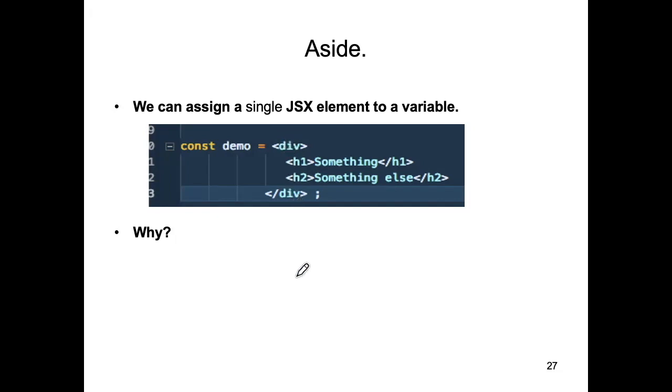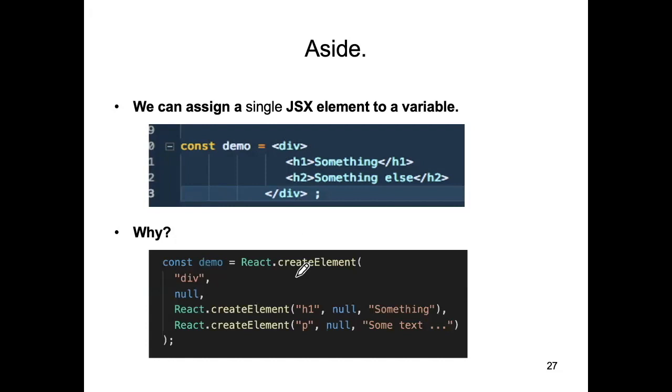This simple assignment statement here, when it is transpiled, turns out to be this code down here. And so this now looks like an ordinary assignment statement. I'm assigning whatever create element returns to this variable. Now, create element has parameters to it, and the parameters also happen to be invoking react.createElement.